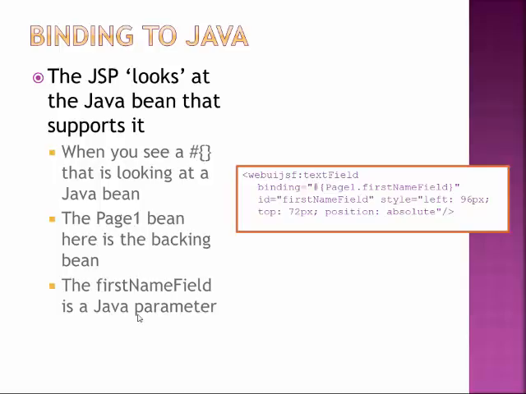And that attribute of the object is going to be represented in that object and perhaps taken down to the database or loaded up from the database for you to be editing. So I want to take a binding here. You can see the word binding, where I go to some object and some field, and it's going to bind that to the object. We'll see that in action as we generate this code. Page one is the name of a bean outside of there, and first name field is the name of a property that we're going to tie that into.